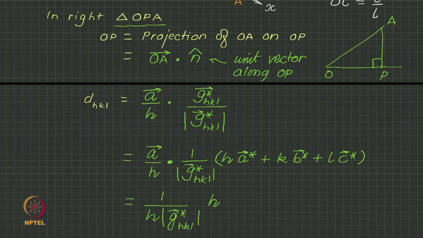So, we have H A dot A star plus K A dot B star plus L A dot C star.